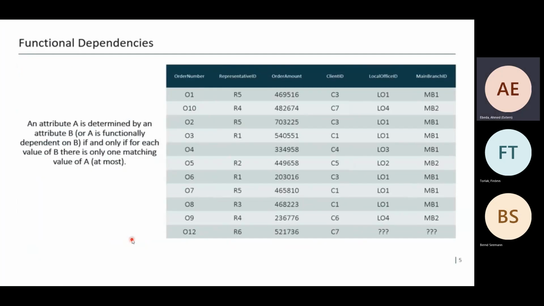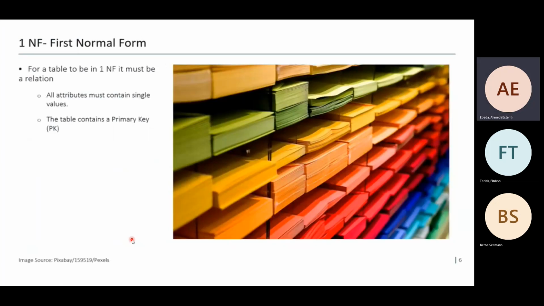To solve this kind of issue, we need to normalize our tables. Normalization is based mainly on the concept of functional dependencies. An attribute A depends functionally on, or is determined by, an attribute B if and only if for each value of B there is at most one matching value of A. Often, an acceptable database has all its tables in 3NF, the third normal form.